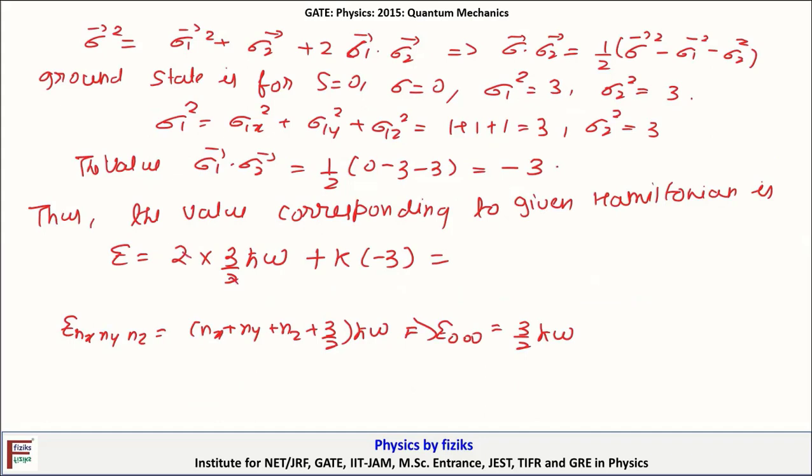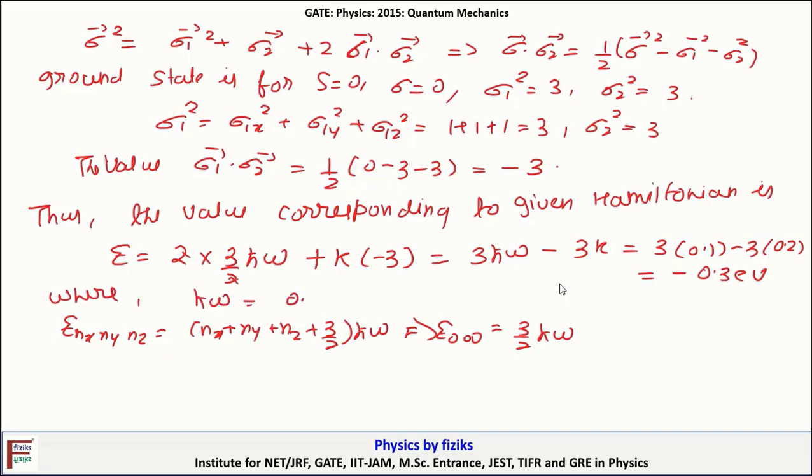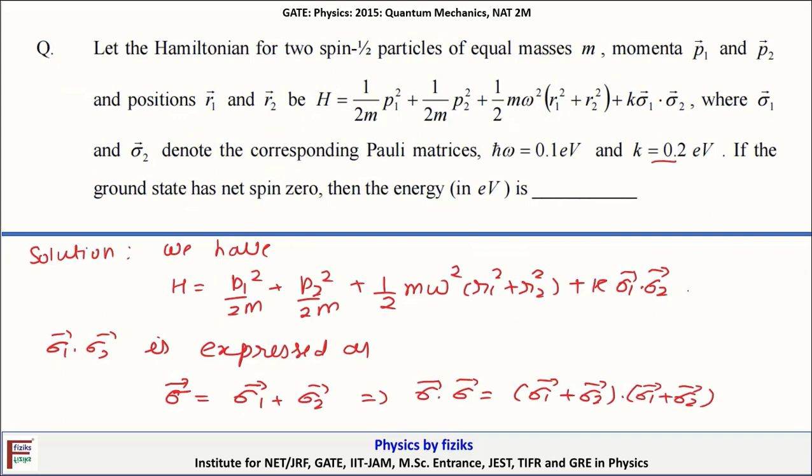So we would have 3 h cross omega minus 3k, which equals 3 times 0.1 minus 3 into 0.2, which equals minus 0.3 eV, where h cross omega is 0.1 and k is equal to 0.2 eV. So our answer for this problem is 0.3 eV with a negative sign.